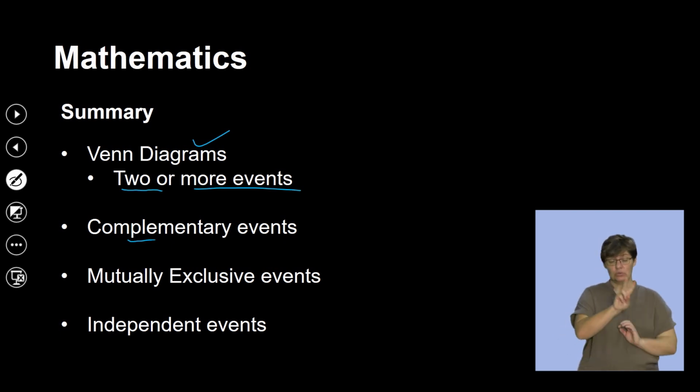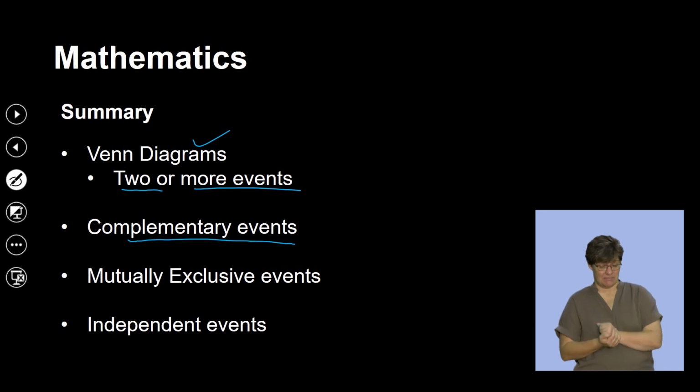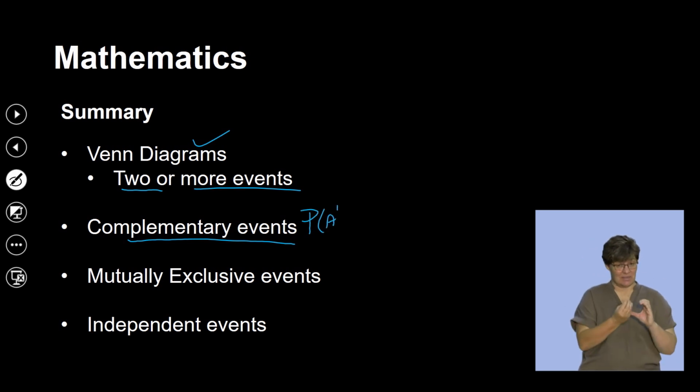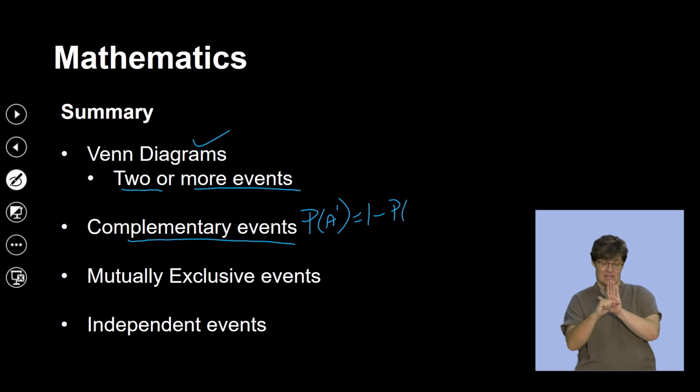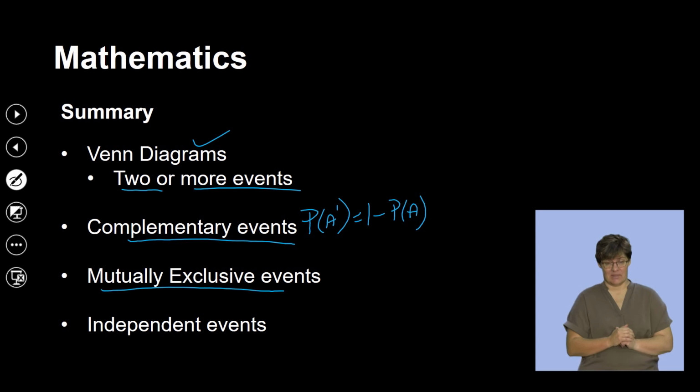We've also spoken about complementary events, where we've recognized that the complement of A is equal to 1 minus the probability of A. We've also recognized mutually exclusive events. Remember, there is no intersection, the number of elements in the intersection is equal to 0, and we're going to use the OR rule here.